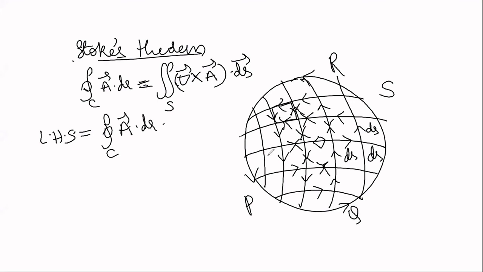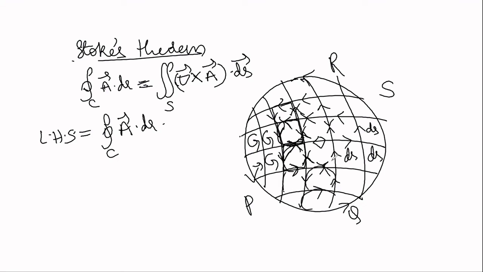Next, if I consider this element, this surface, the direction will be 1, 2, 3, 4. Now this element, this surface, 1, 2, 3, 4, because this is an anti-clockwise or counterclockwise direction. We are taking the curl of the vector A bar along this dS surface, along all equal elements.